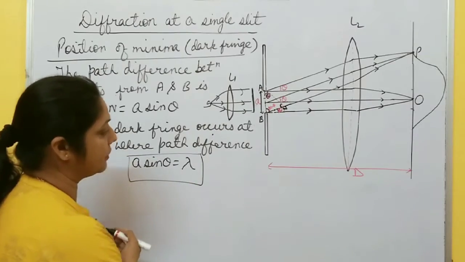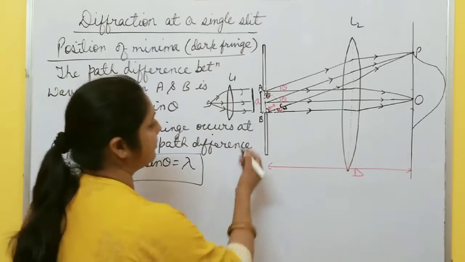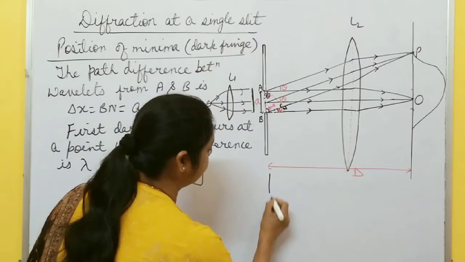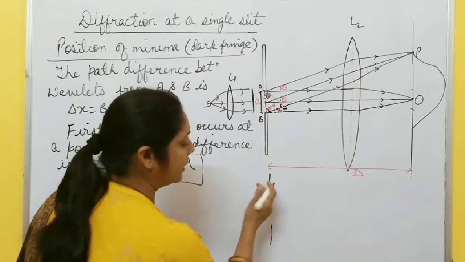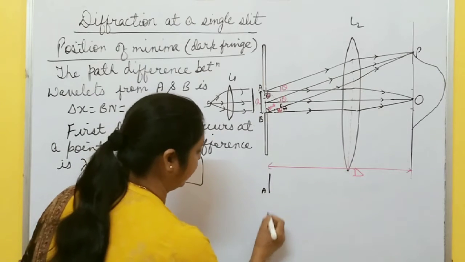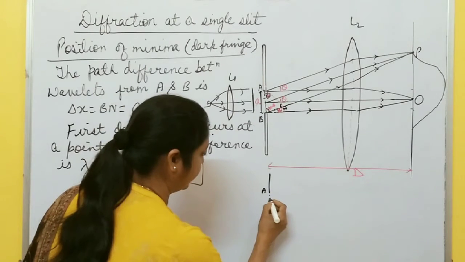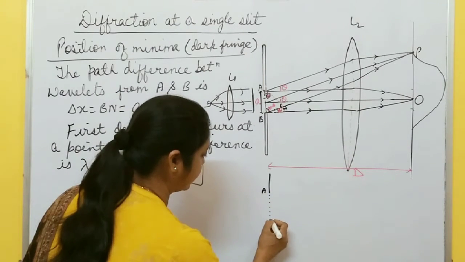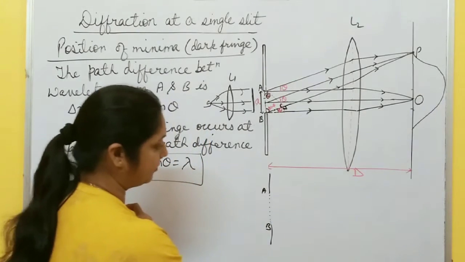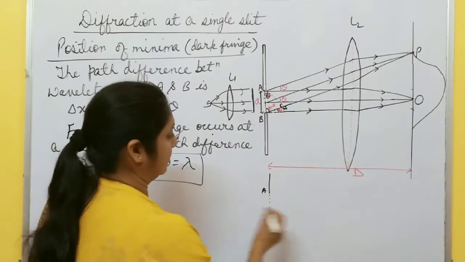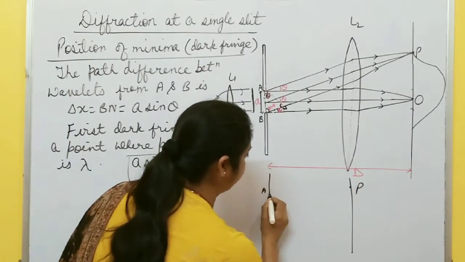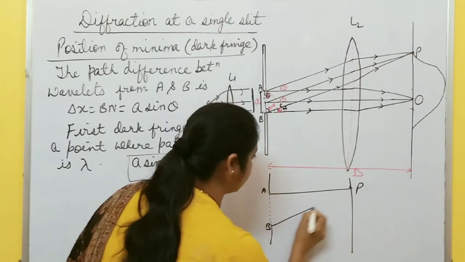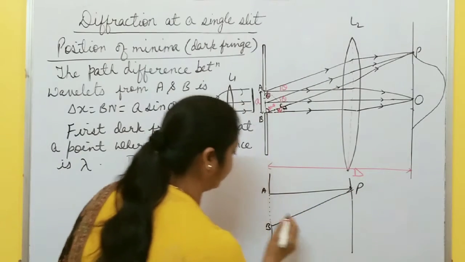To prove this, let us again suppose that there are 10 slits between points A and B: 1, 2, 3, 4, 5, 6, 7, 8, 9 and 10. This is the point P on the screen, and the path difference between these two waves is lambda.